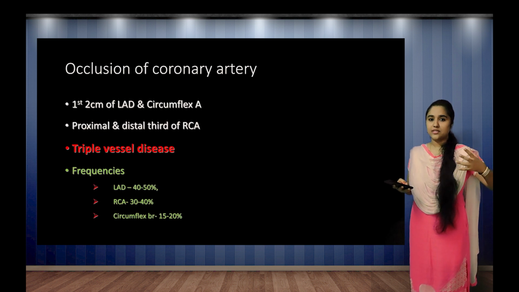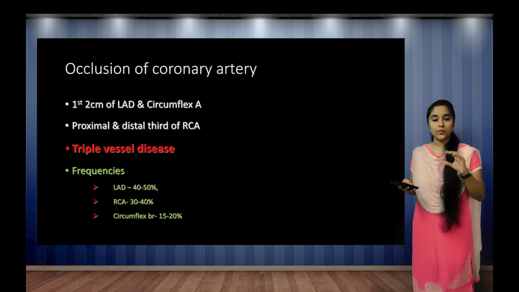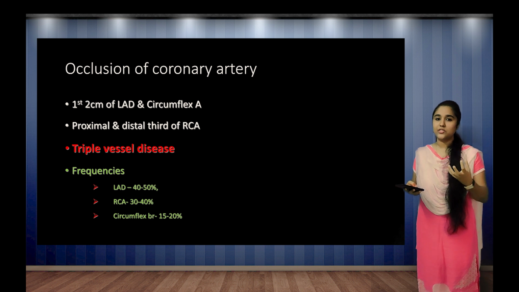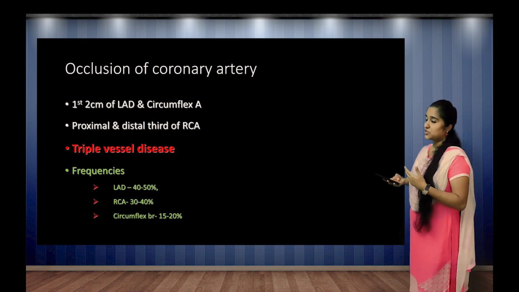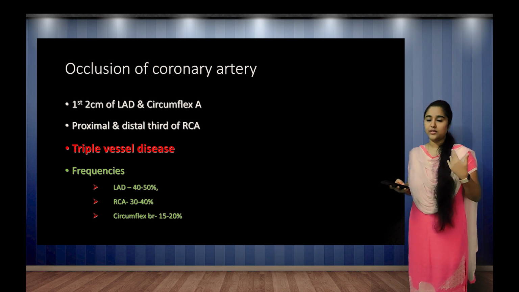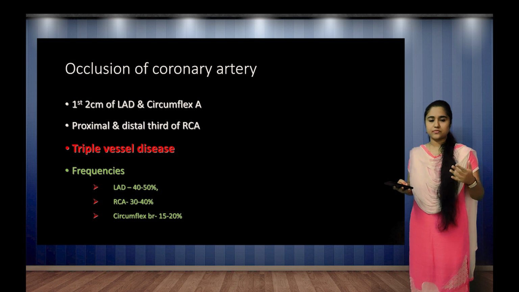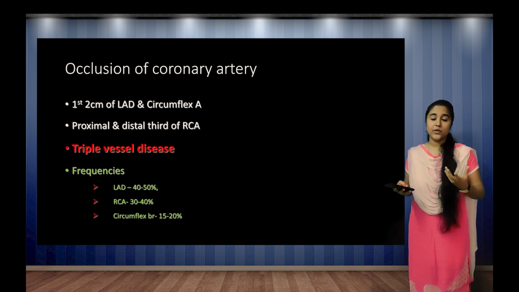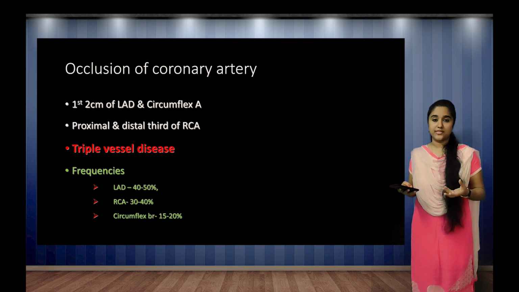Now, we have discussed myocardial infarction, and now we'll see about the occlusion of the coronary artery. Most commonly, clinically you can visualize occlusion of the first 2 centimeters of the left anterior descending and the circumflex artery, and also the proximal and distal one third of the right coronary artery. If all these 3 vessels are affected, this is referred to as triple vessel disease.